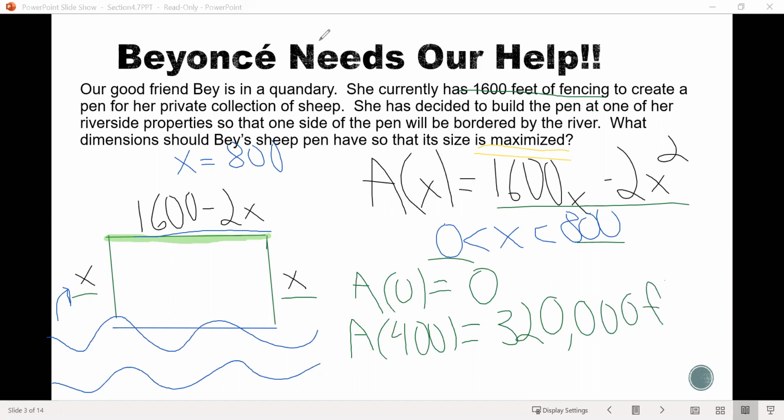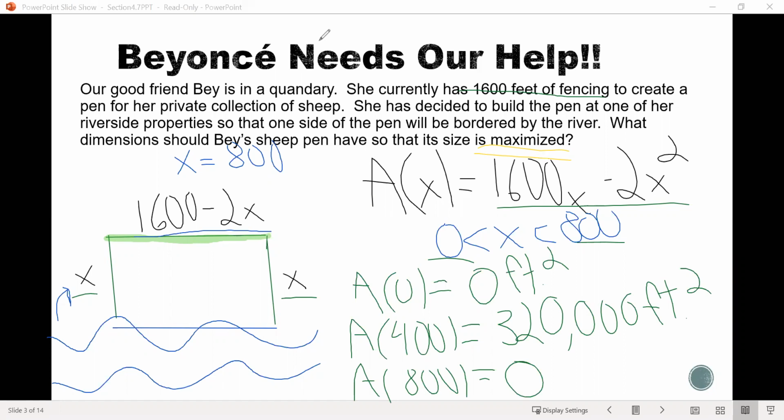And this is feet squared. I should put that on there too. And then if we do the max value there for x, the 800, I believe we're going to get 0, but let me double check that. Yeah, we get 0 as well.